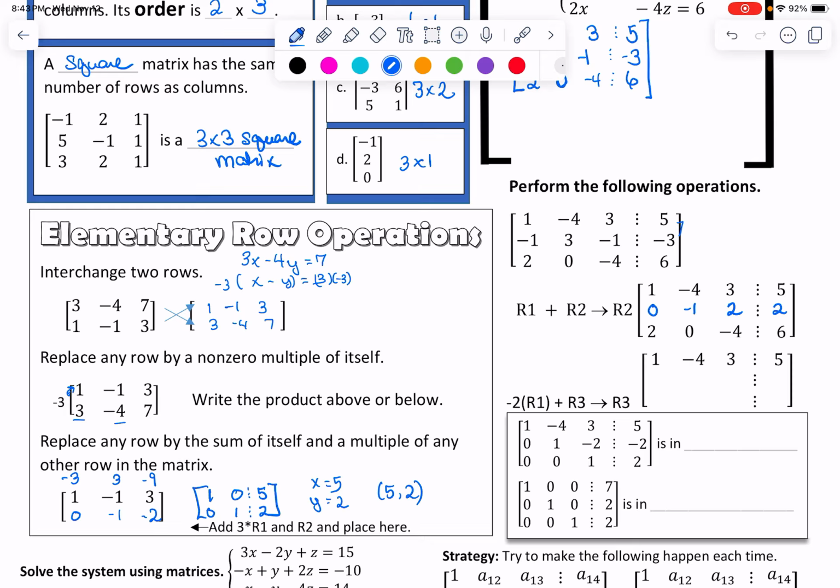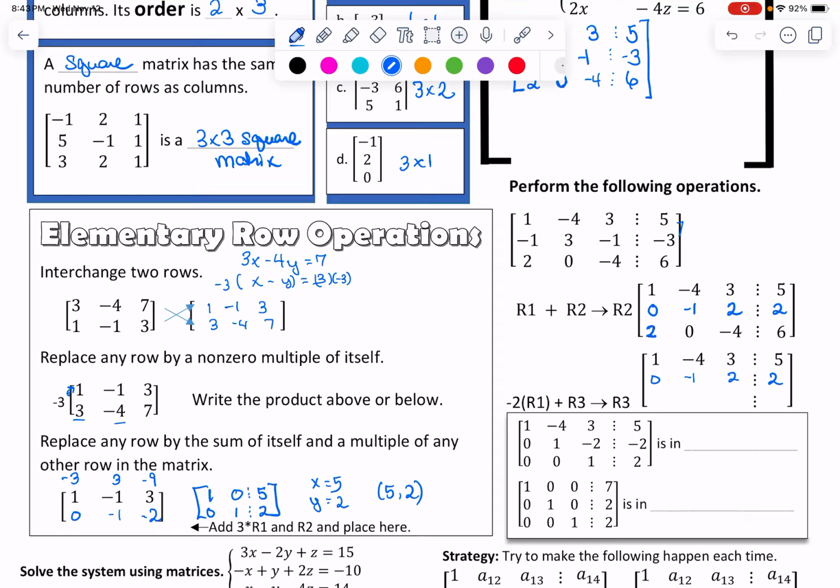So we still have our 0, -1, 2, and 2, but we could eliminate this 2 in the third row by multiplying the top row by a -2 and adding it to the third row.